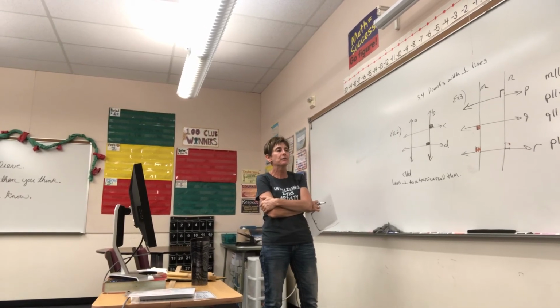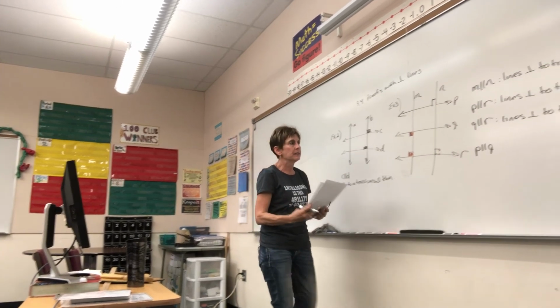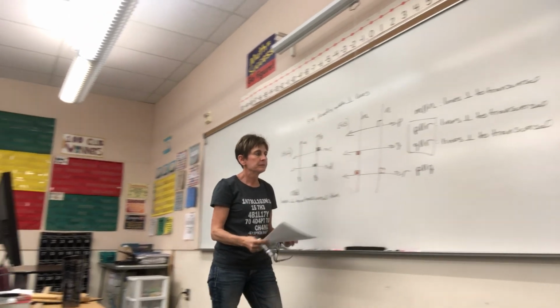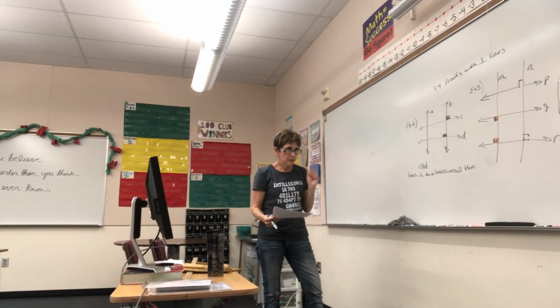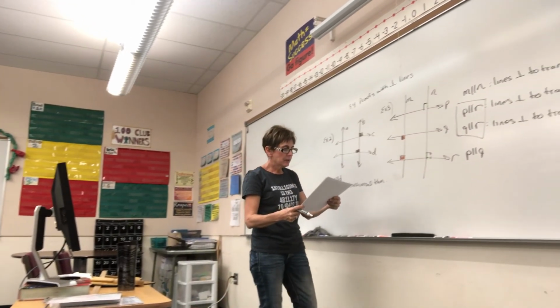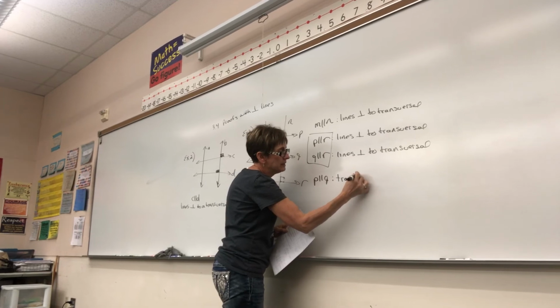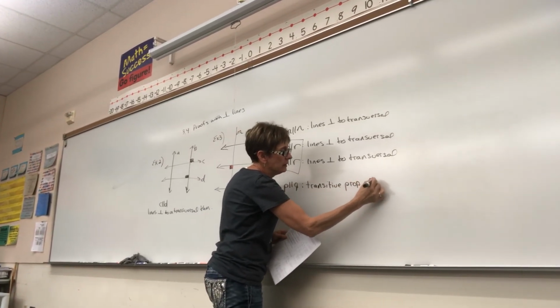It's one of the other theorems, and this is the last part of our notes. And I'll give you a hint. It has to do with this information here. The reason is the transitive property of parallel lines.